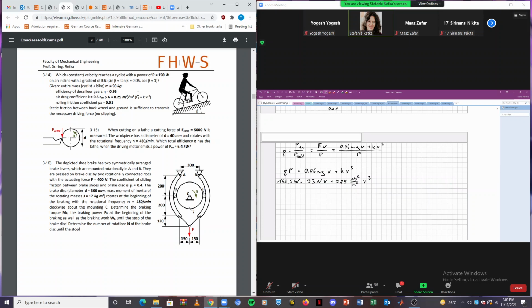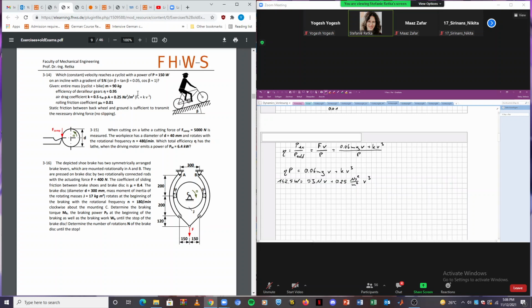Now, we do have obtained an equation with only one unknown. But of course, this equation contains the unknown itself, and the unknown multiplied by the power of 3.